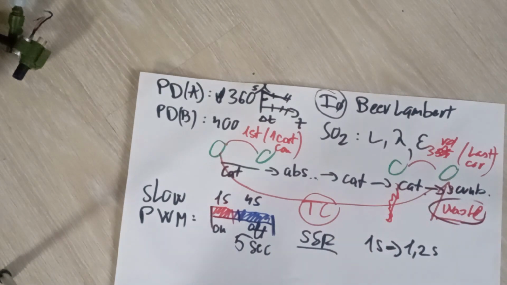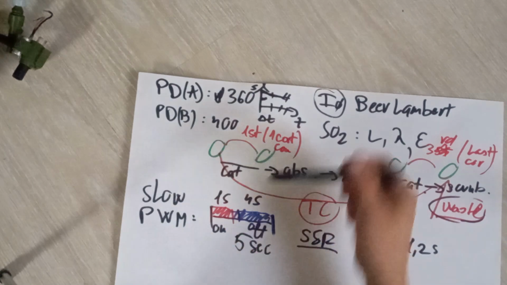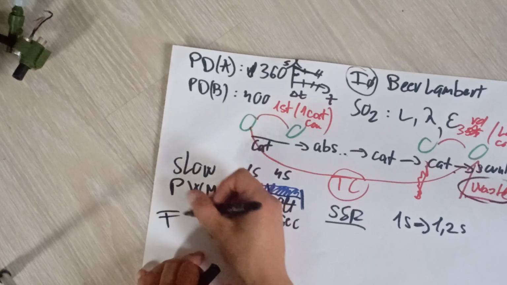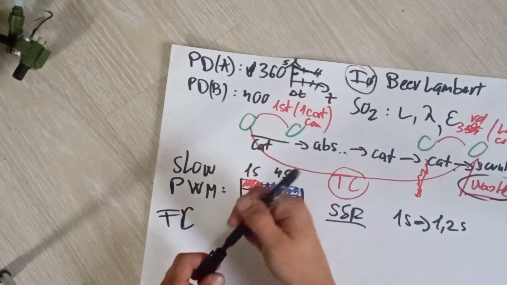So that's like a 20% increase. We are going to just see what happens, and if it doesn't go up, then we are going to reduce this back. Then we have another system, which is the flow control.